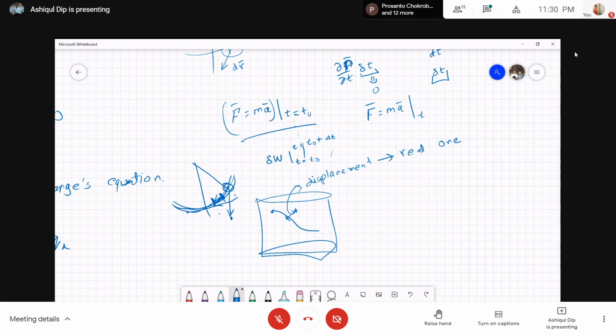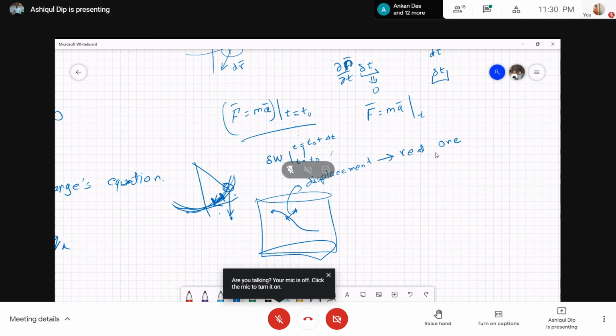So we can say the virtual displacement is the displacement that the particle might take. Yes, I would say can take. A virtual displacement is an infinitesimal displacement that a particle actually can take, because it is consistent with your applied constraint. Then we apply the initial condition, for example initial velocity.